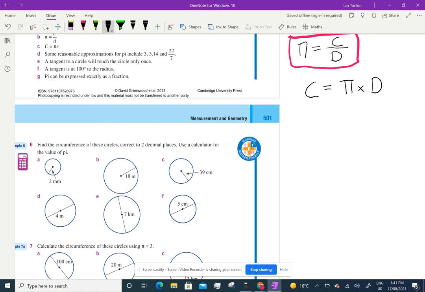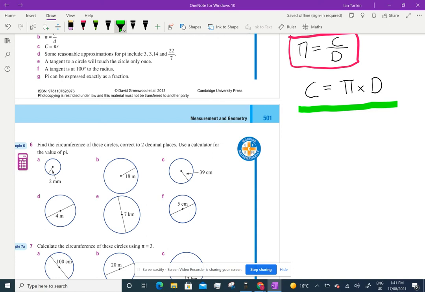Because the ratio of the circumference to the diameter is always going to be 3.14, I can multiply 3.14 times the diameter, and it will tell me the circumference of any circle. So I want you to write that rule in your book. It is how you're going to find the circumference of a circle.